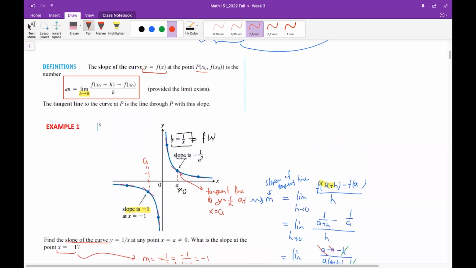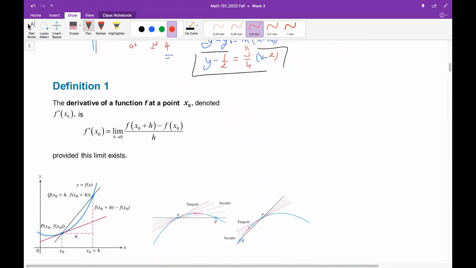Now we are relating this slope to the first derivative of the given function. So what we are defining here is the derivative of a function at a point x0. So we will be using this notation for the derivative of the given function at some particular point x0.